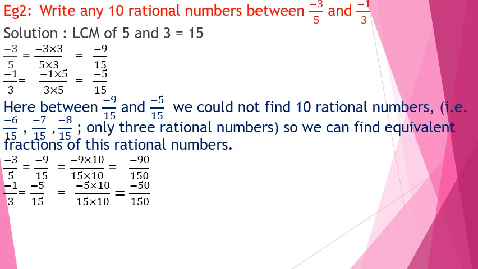Similarly, minus 1 by 3 becomes minus 5 upon 15 multiplied by 10 upon 10 gives minus 50 upon 150. Then we are getting more than 10 rational numbers. So we can choose any 10 rational numbers between minus 50 upon 150 and minus 90 upon 150.